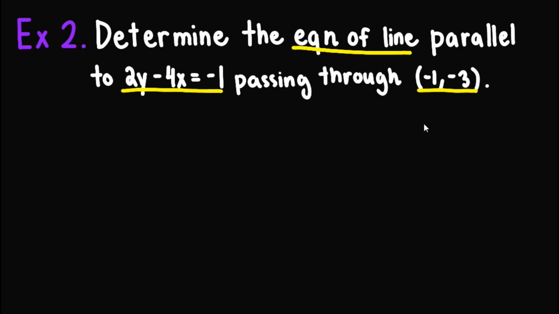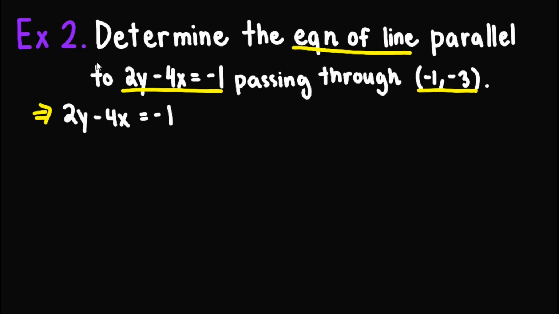So first, note that parallel lines have equal slopes. So we can try to find that first using this one. To do this, we convert 2y minus 4x equals -1 to its slope-intercept form. So we have here 2y minus 4x equals -1.